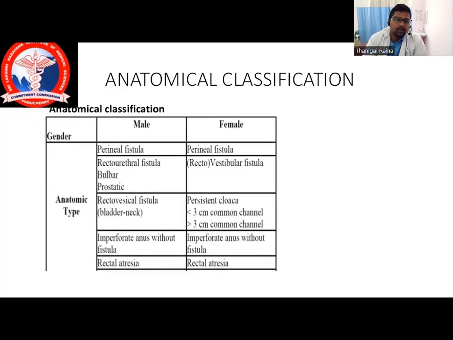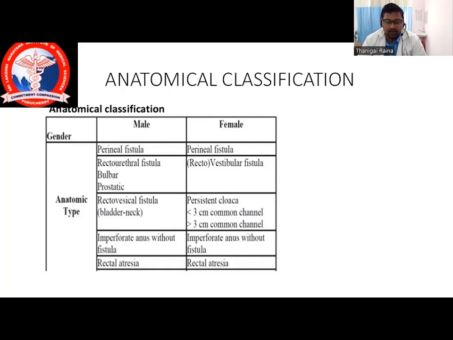So coming to the anatomical classification. The anatomical type depends upon male and female. Perineal fistula is common in both male and female babies. Coming to rectourethral fistula, that is bulbar or prostatic fistula, but here only one type of rectovestibular fistula is there. The second one is rectovesical fistula, that is bladder neck.